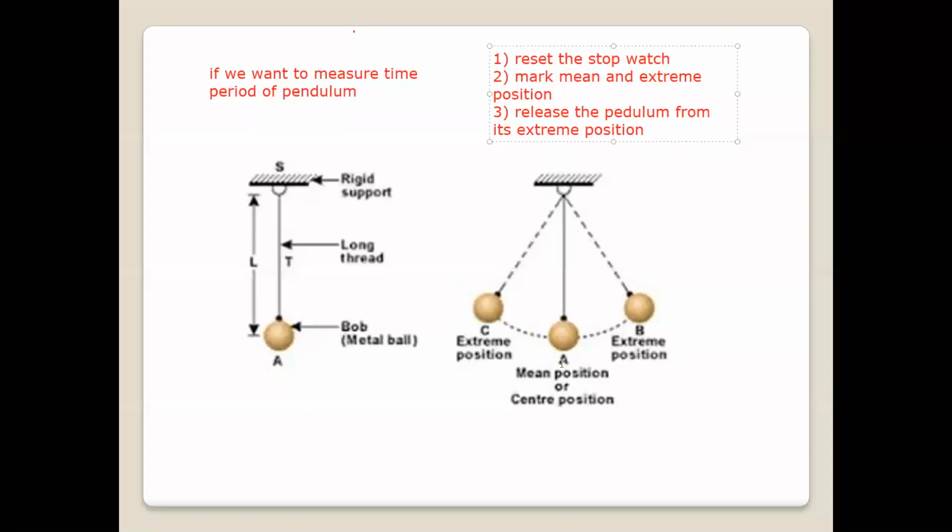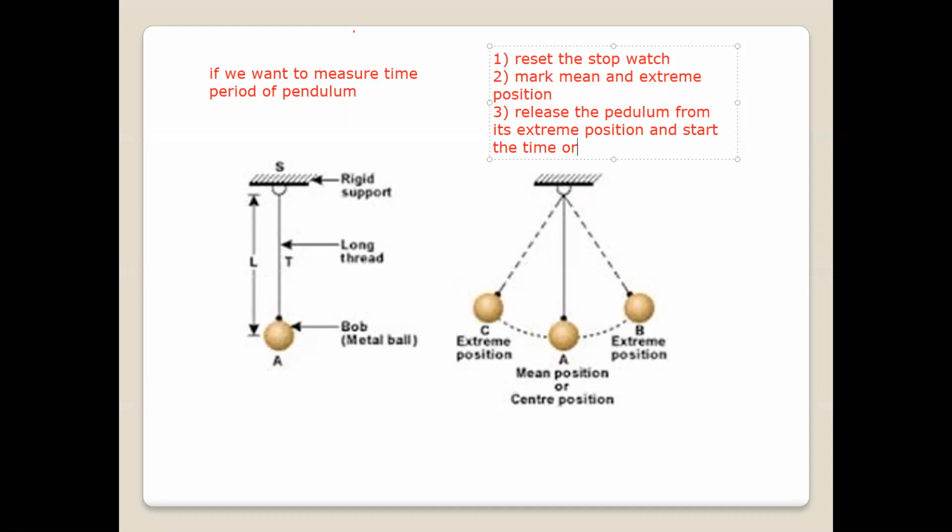Mean position, or the center position. Like here in the picture, you can see the center position. When the pendulum is not vibrating, we call that position the mean position or center position of the pendulum. So we'll release the pendulum from its extreme position and start the timer.